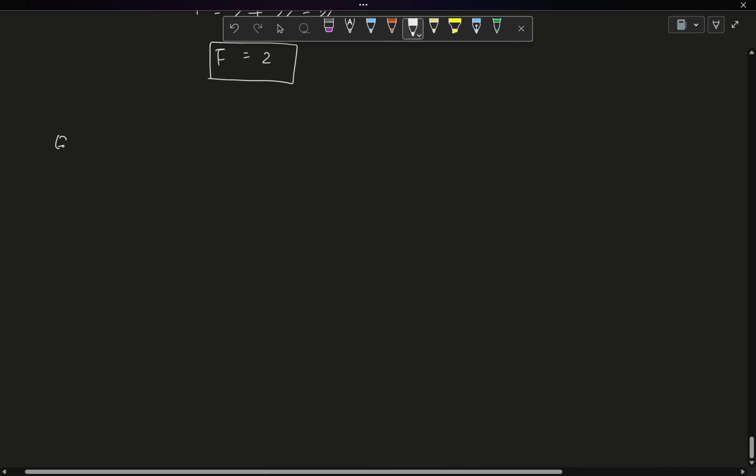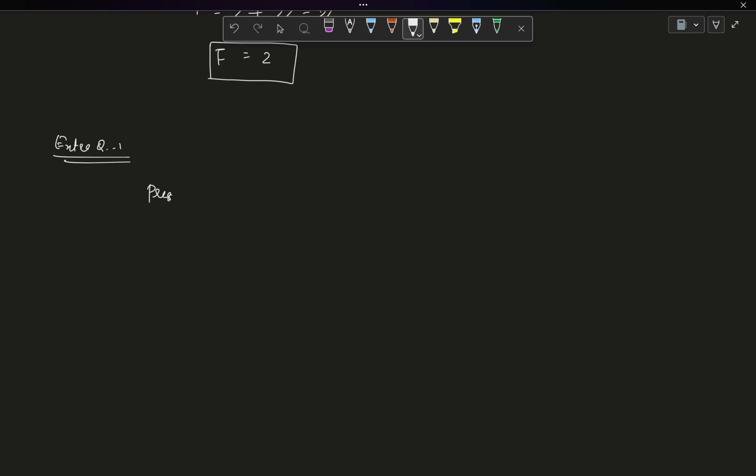So extra question 1. This question is that the vapor exit tube of a pressure cooker has a radius of 2 mm. So you have a pressure cooker, vapor exit tube. You have all seen pressure cookers, I hope.